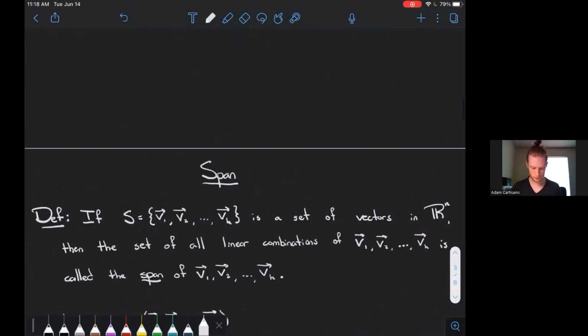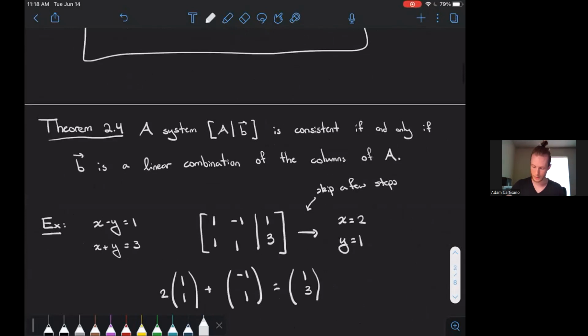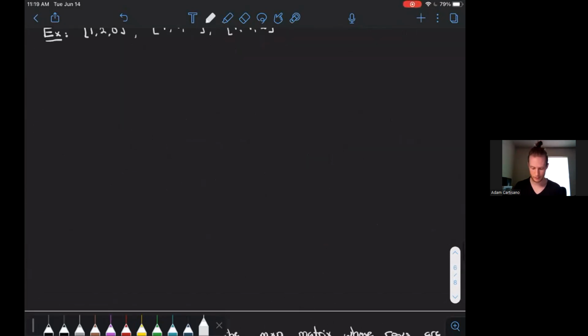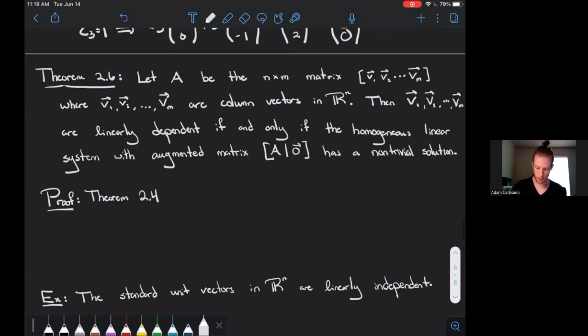Theorem 2.4 tells us that the system is consistent if and only if the vector that's forming the augment is a linear combination of the columns of the matrix A. Well, in other words, here in our linear system, the zero vector is a linear combination of those other vectors.